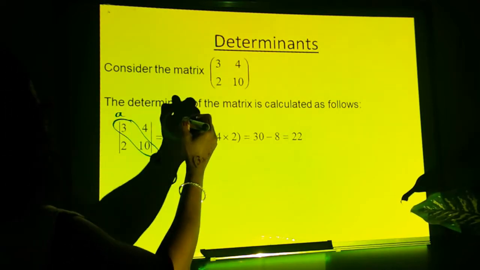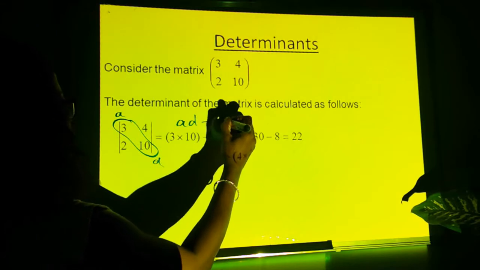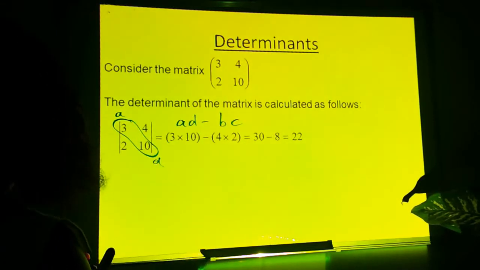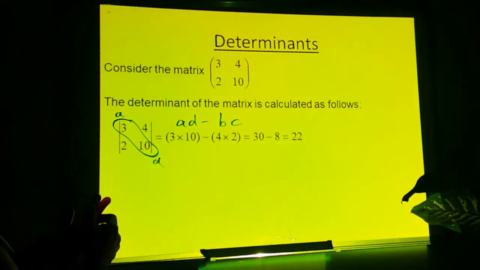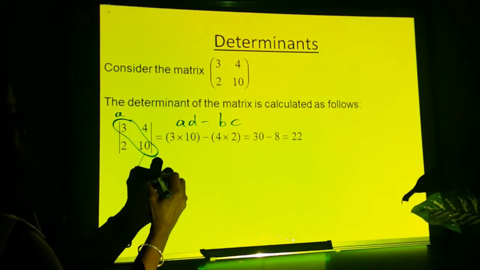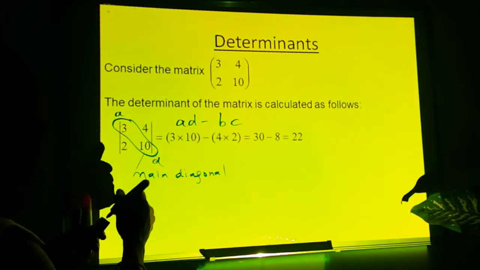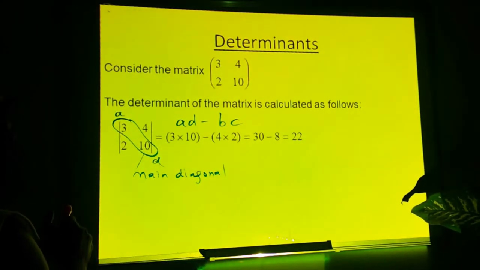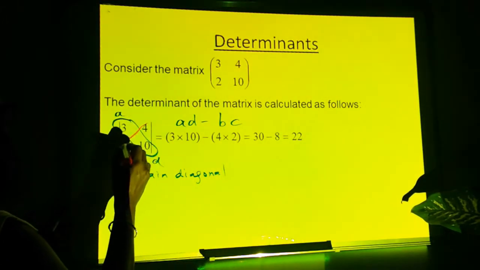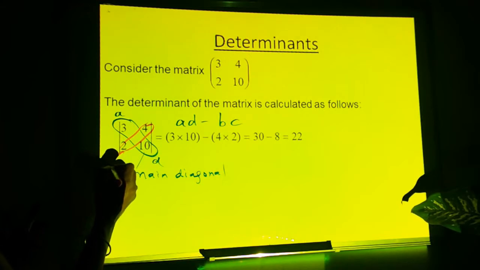The formula for calculating the determinant is AD minus BC. So the main diagonal is AD, and the minor diagonal is 4 times 2. So this is a minor.